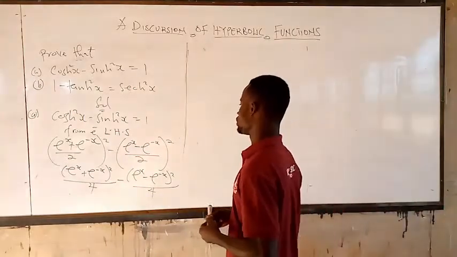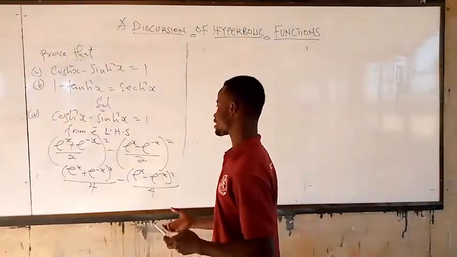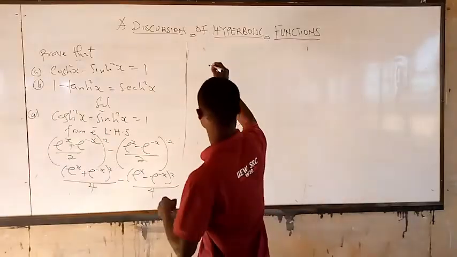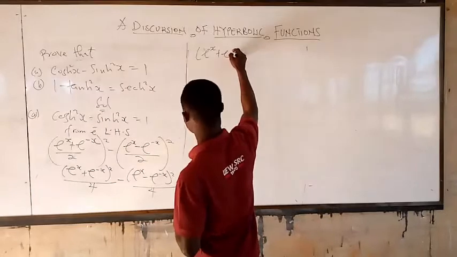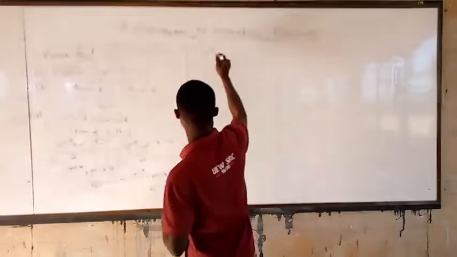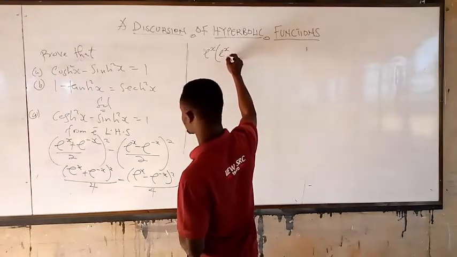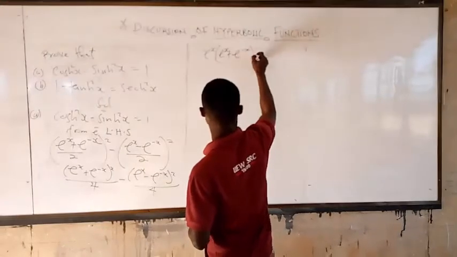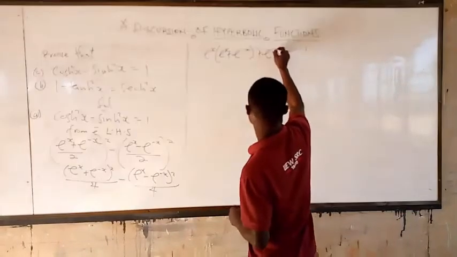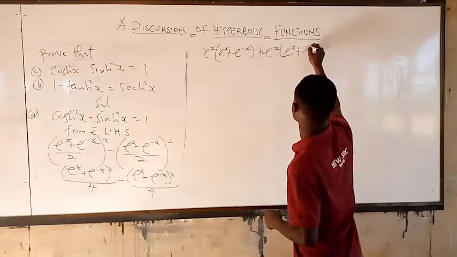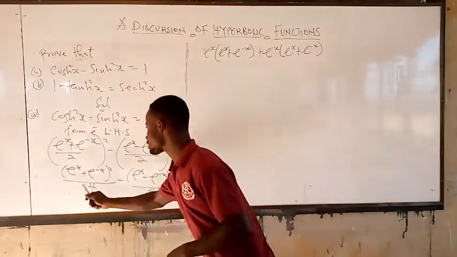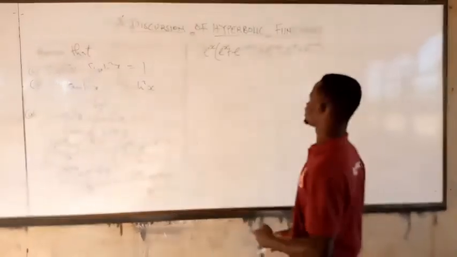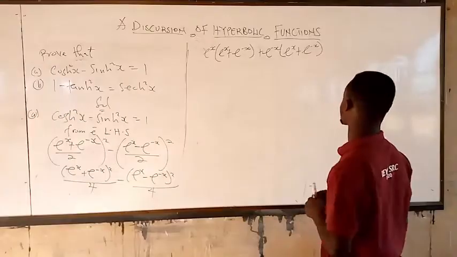Okay. So this means that this is multiplying how many times? 2 times. So e raised to power S will multiply e raised to power S plus e raised to power negative S, plus e raised to power negative S will multiply e raised to power S plus e raised to power negative S. So this will multiply the whole of that, and the second one will also multiply the whole of that.